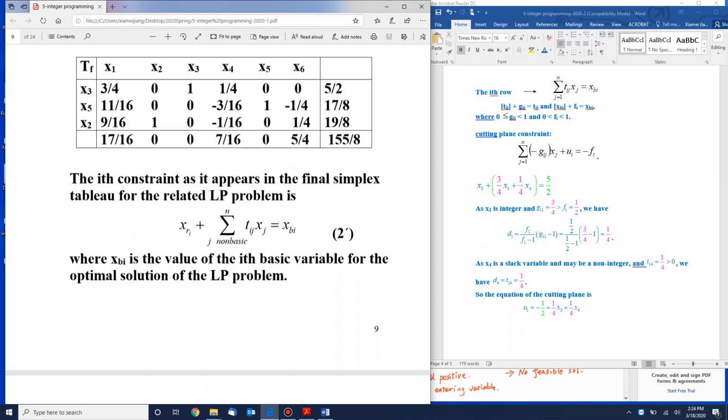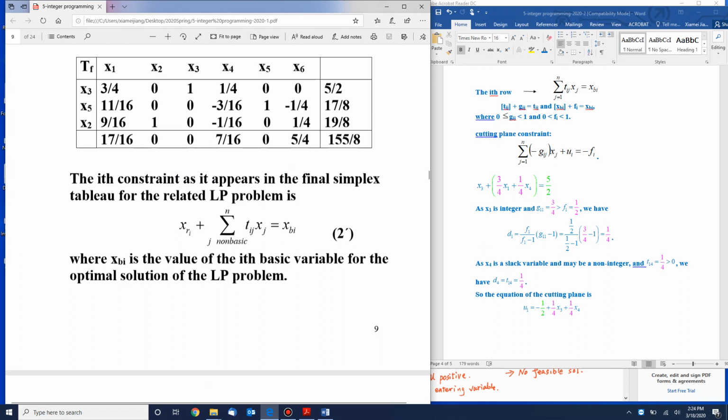Now, in that final tableau, you can write the first constraint in equation form, that is x3 plus 3/4 x1 plus 1/4 x4 equals 5/2.